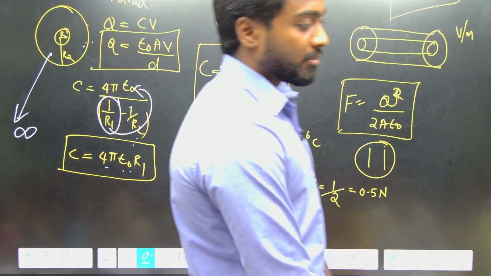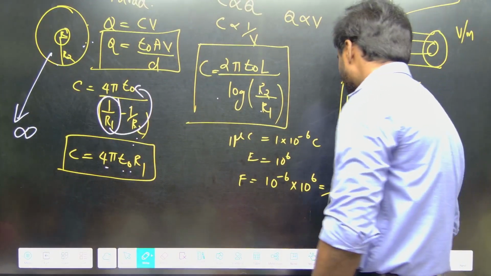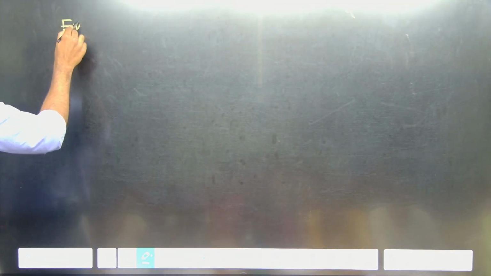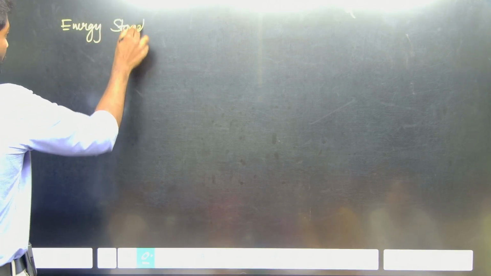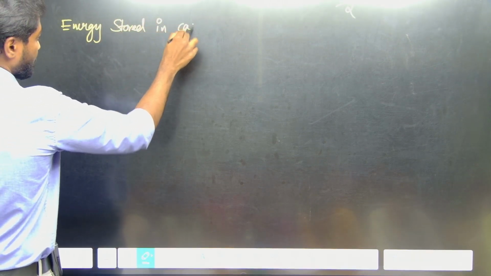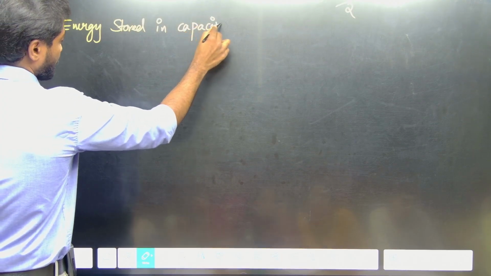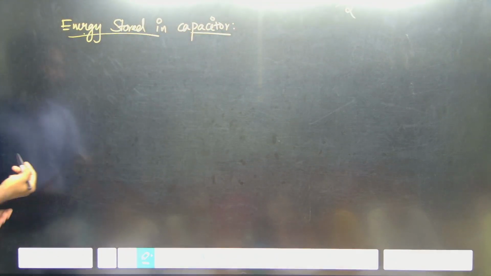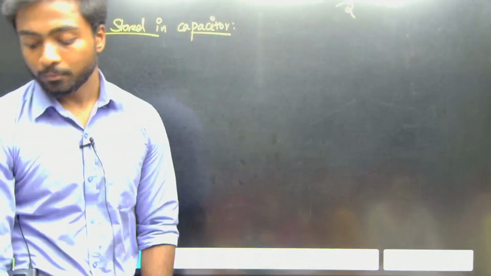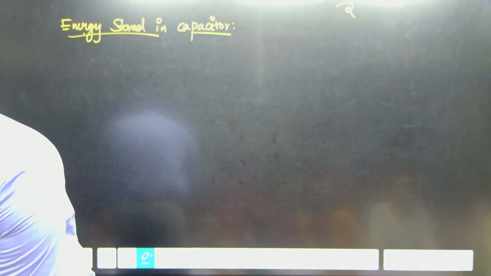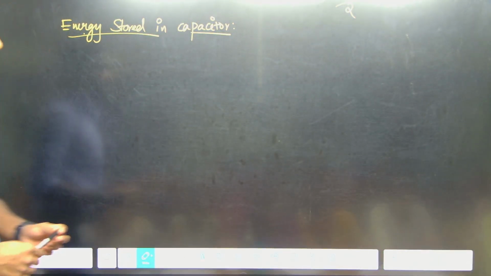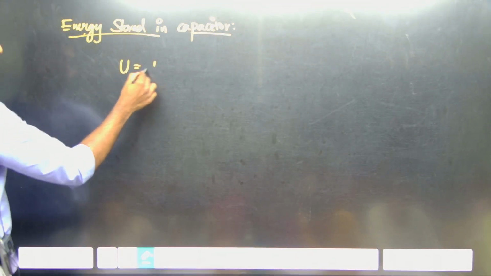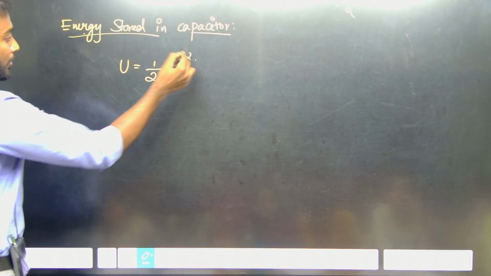Energy stored in capacitor. The next topic is energy stored in capacitor. Write the formula. U is equal to half of CV square.